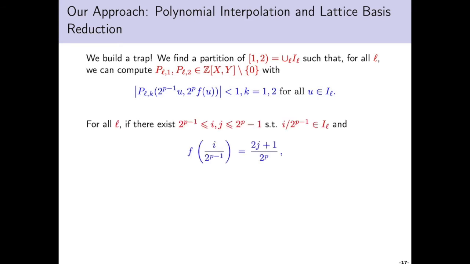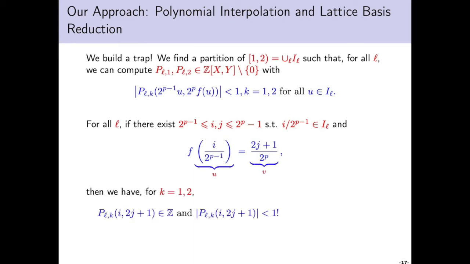Assume that you have such an equality. So this is a number u, this is a number v. Now look at these two formulas. You plug u and v inside this inequality.